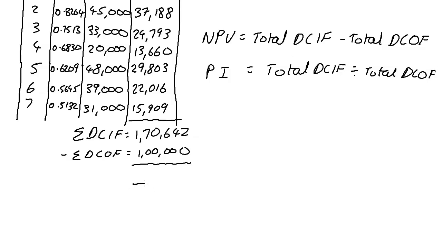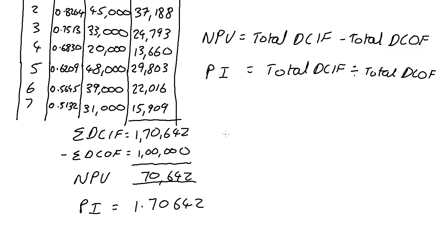So my NPV is 70,642. My profitability index is simply going to be dividing both of these, and please do it. I can do it mentally, but you can use a calculator if you want. We end up with 1.70642.